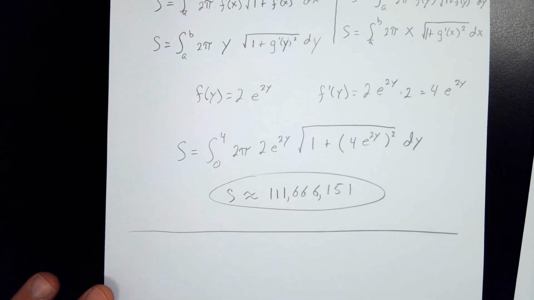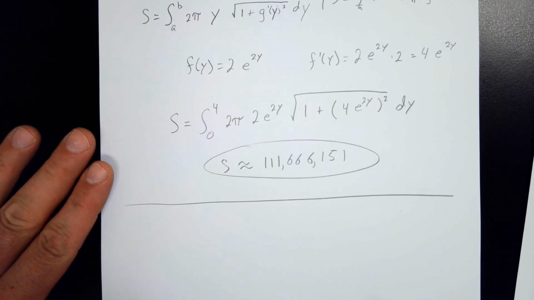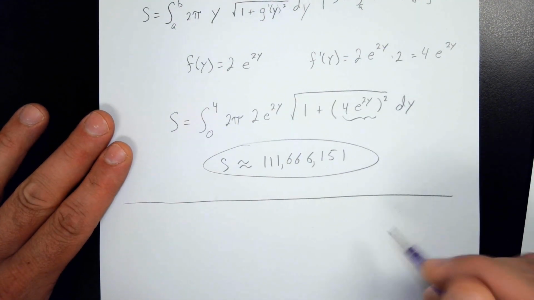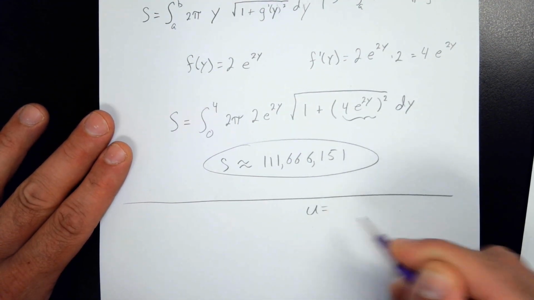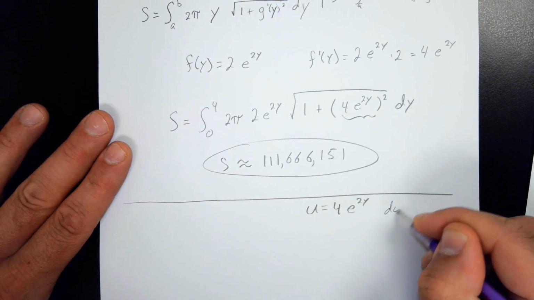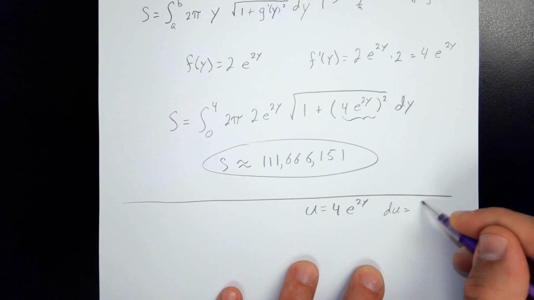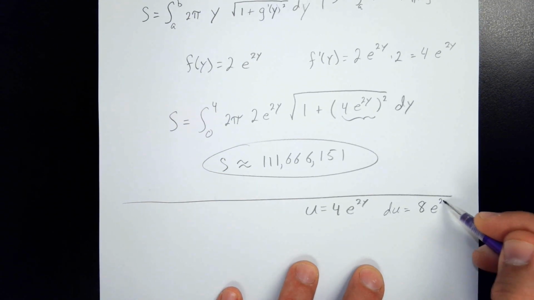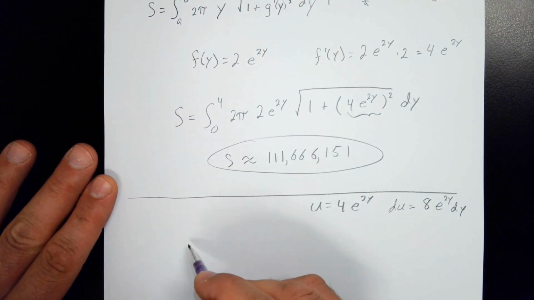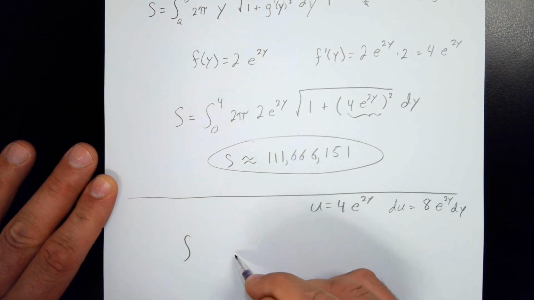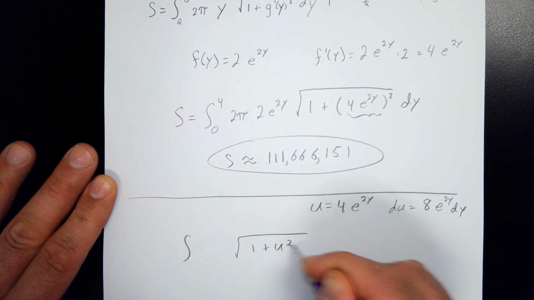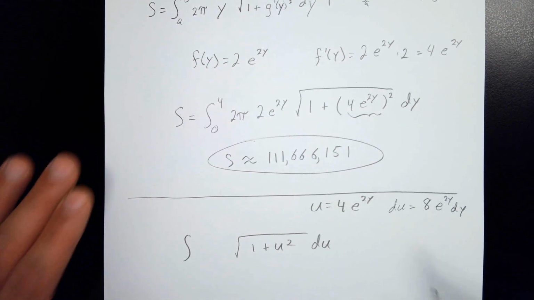One way you could do it would be to do a u substitution here, and you would let this thing right here be your u. So you would let u be 4e to the 2y, and then du would be the derivative of that, which would be 8e to the 2y dy. Then you would rewrite this integral. This square root would be 1 plus u squared. You'd want it in terms of du.